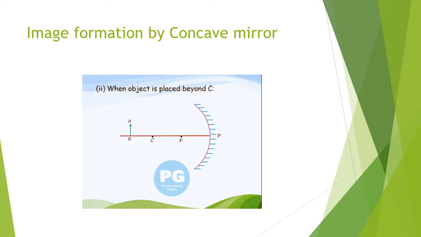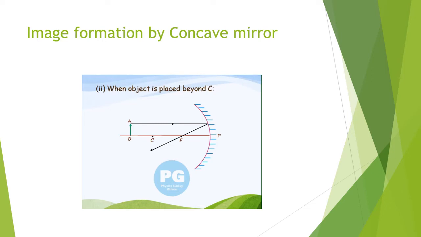Second, when the object is placed beyond center of curvature. Here is an object AB, placed perpendicular to the principal axis, beyond center of curvature. A ray of light from point A goes parallel to the principal axis. This will pass through focus after reflection from the mirror.